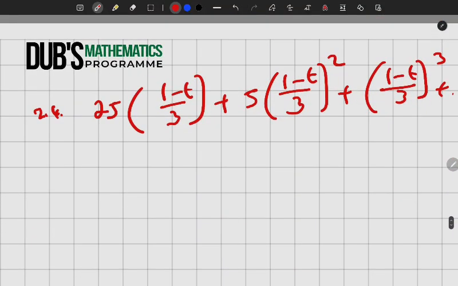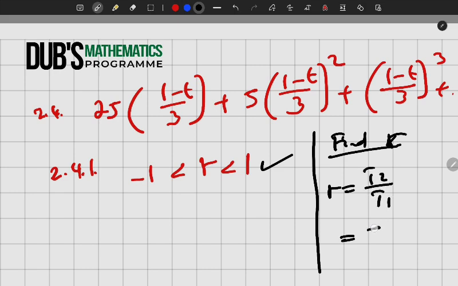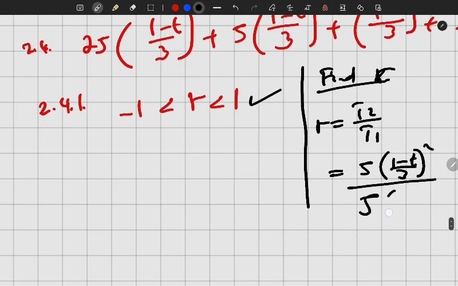So we know how to answer the question. First look at convergent, write down the definition of a convergent series. It says r must be between -1 and 1. You get a mark for writing this, just a free 1 mark. Let us calculate our r now. So we find our r, which is t2 over t1, which is going to be 5 times (1 minus t over 3) squared, all divided by 5 times (1 minus t over 3).